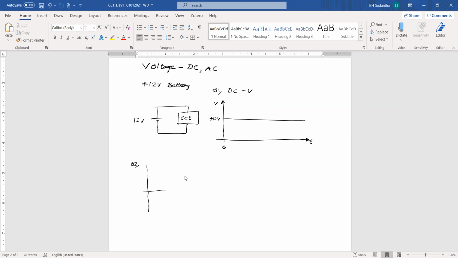You can tell me which type of voltages these are. This one. The third one. This is volt.